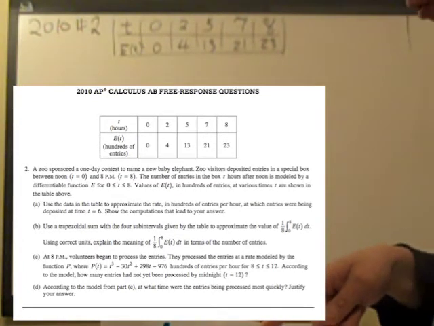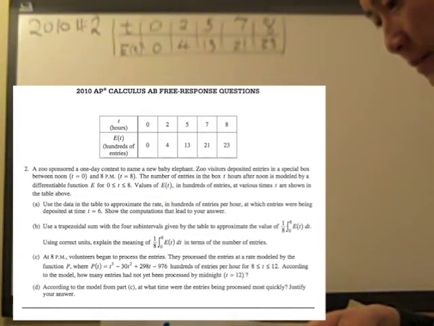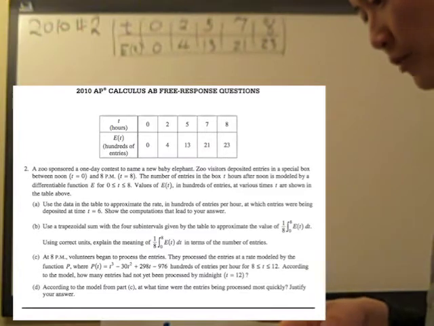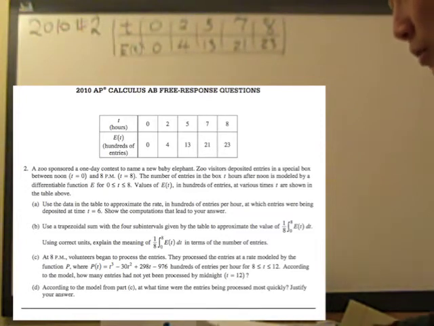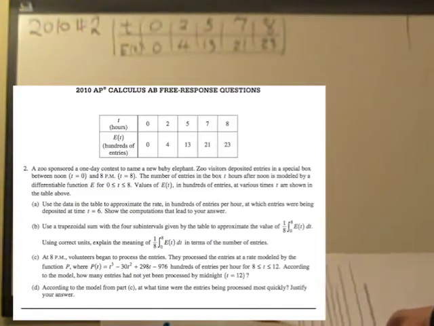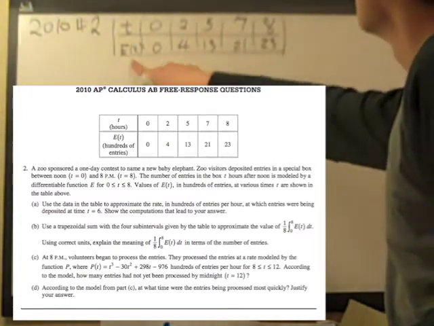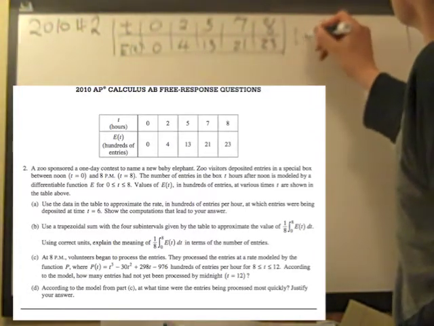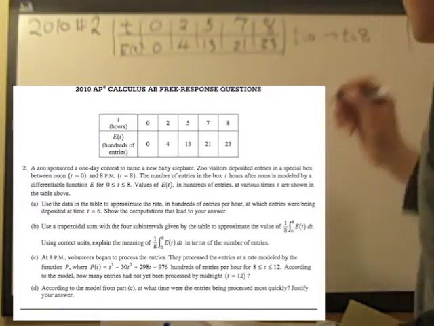A zoo sponsored a one-day contest to name a few baby elephants. Zoo visitors deposited entries in a special box between noon, t equal to 0, and 8 p.m., which is t equal to 8. So we start out with an entry, E of t, going from t equal to 0 to t equal to 8.